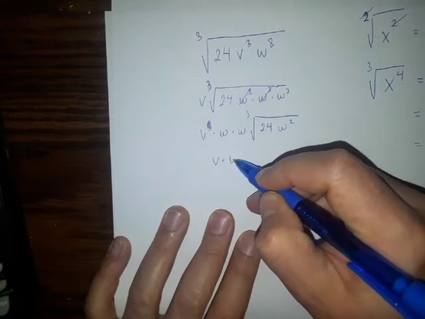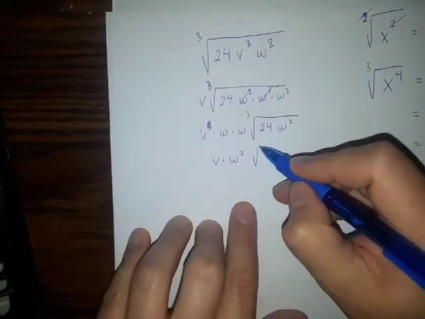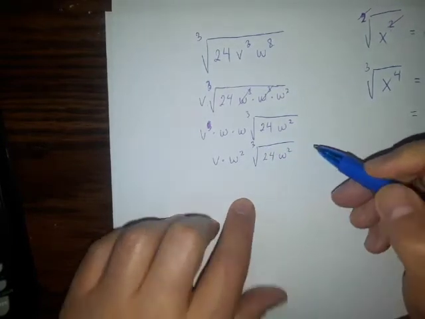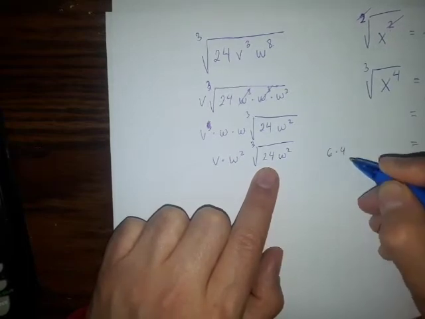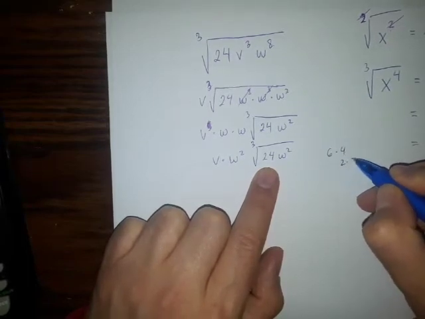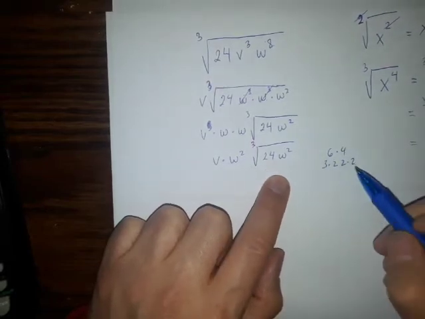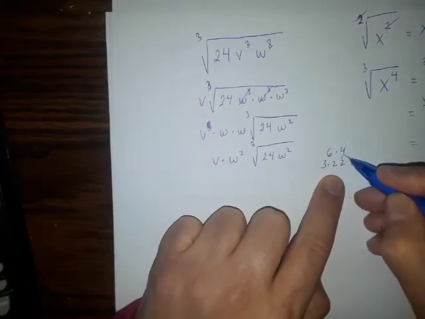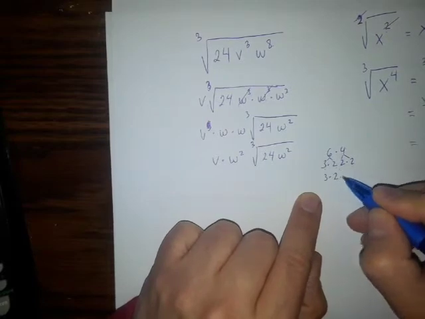v times w squared. And now let's think what we have inside of 24 to see if something can get out of here. 24 is 6 times 4. With 6 times 4, we have a 2 times a 2 in the 4 and a 2 times a 3, right? So 3 times 2 times 2 times 2 is actually 24. So that means that this is 3 times 2 to the third.